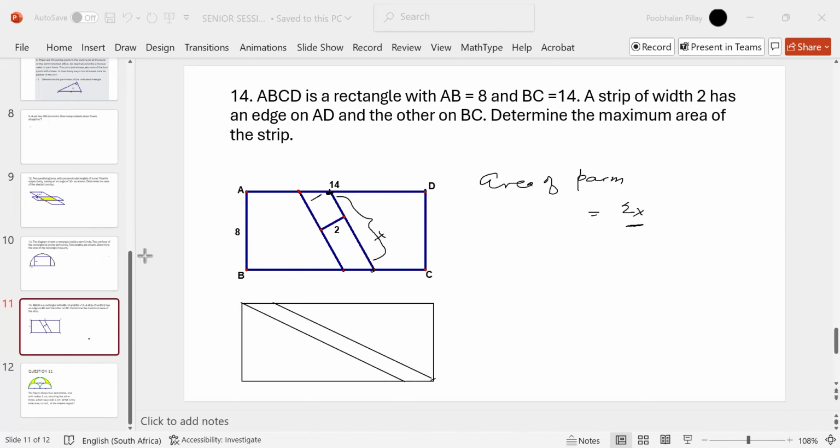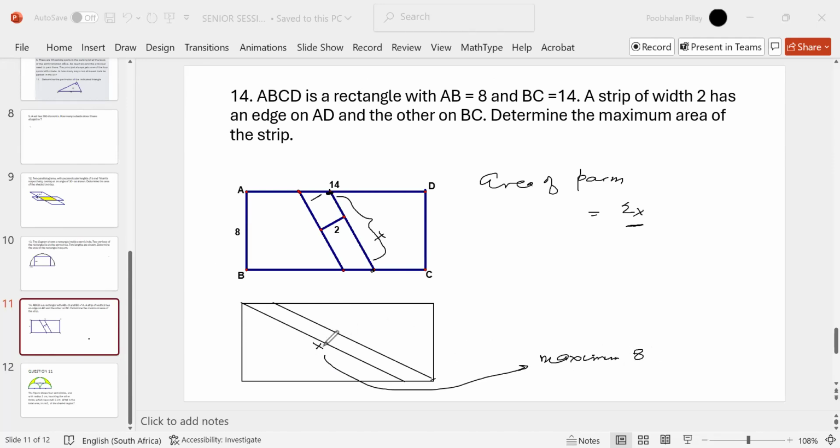That obviously is going to be the largest possible x. This gives you the maximum x. Right? So this is x here. This is x, maximum x. So that will give me the area that I'm looking for.